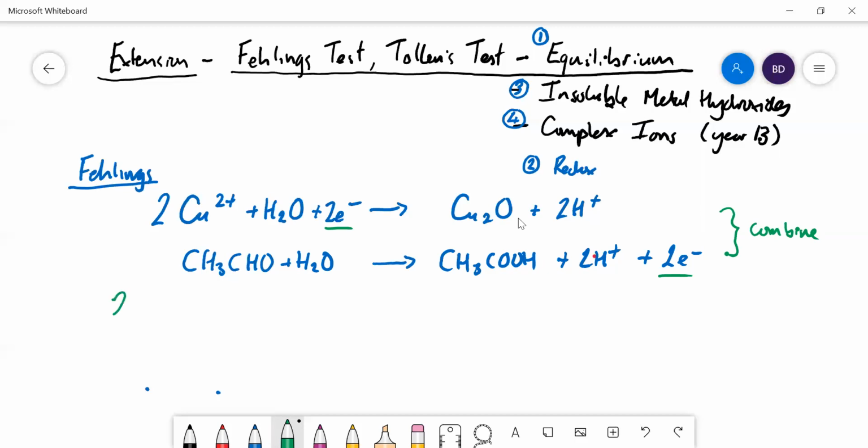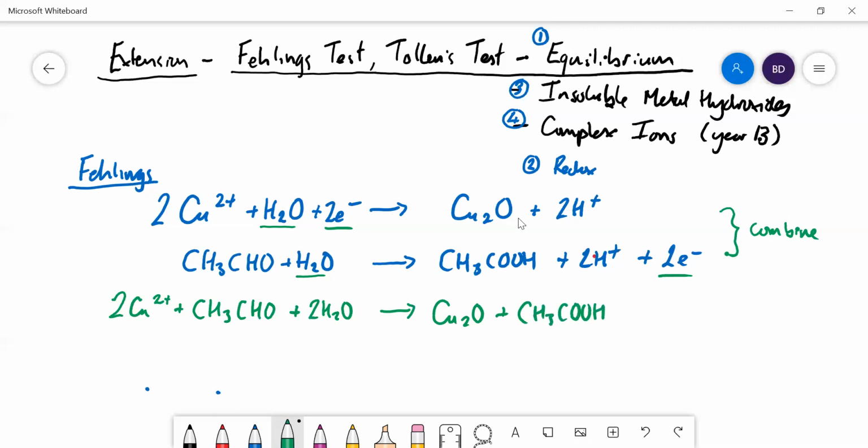We're going to get 2Cu2+ plus the aldehyde plus that water and that water, so 2 H2O, gives us copper 1 oxide and ethanoic acid. And then we need those 2 protons and those 2 protons, which is going to be 4H+. So this is the reaction that's going to happen.